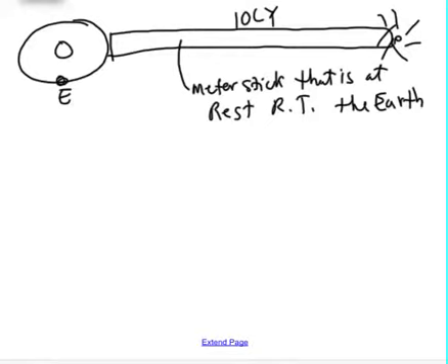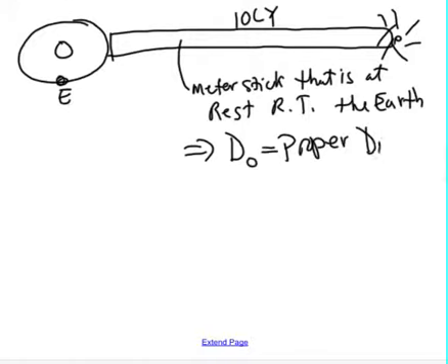Because I'm using a single meter stick that is at rest with respect to the 2 objects I am measuring, I can measure those 2 distances simultaneously, and that defines the proper distance. So therefore, the distance as measured from the Earth is the proper distance. So I'll put a sub-zero on there.